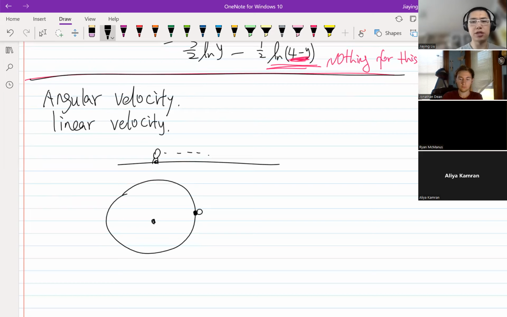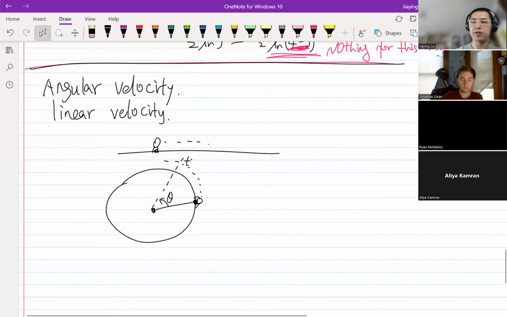So let's say it starts here and it moves. And as it moves, it's going to cover an angle. Let's say it's starting here, and as it moves, after a time t, in terms of the angle measure, it's going to cover this angle theta after some time, and that angle covered in the given time, we can use it to find angular velocity.